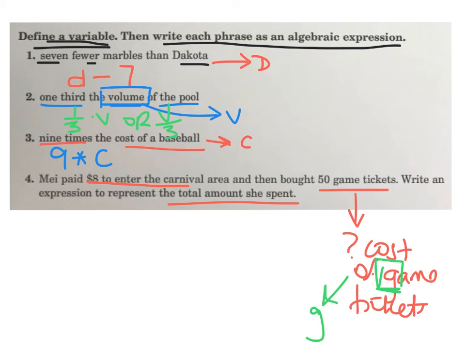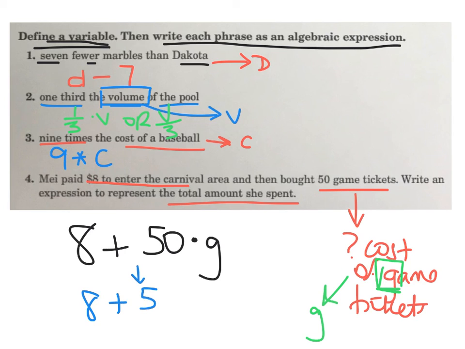And I know that she paid $8 to enter the carnival plus 50 game tickets times G. I can simplify that down to 8 plus 50 G. So then if they eventually tell me what the cost of each game ticket is, I can figure out the total amount that she spent.